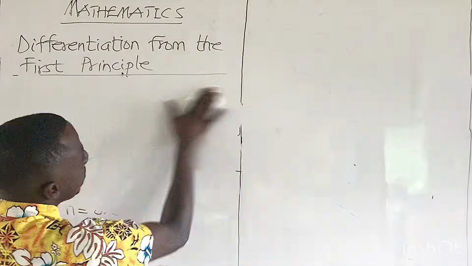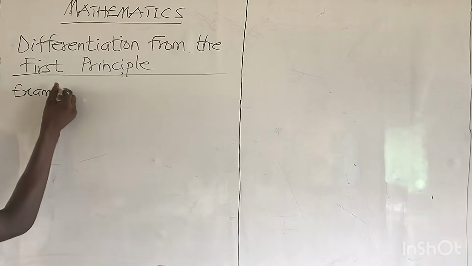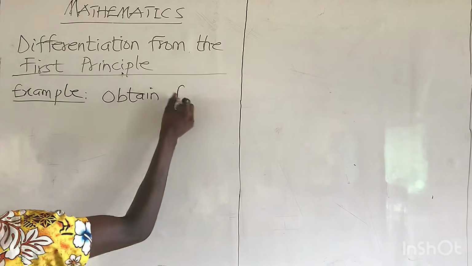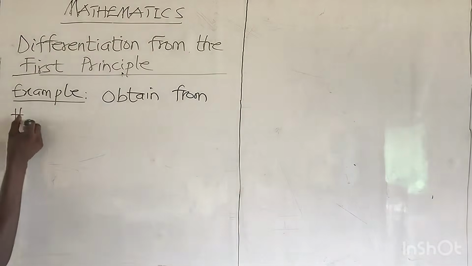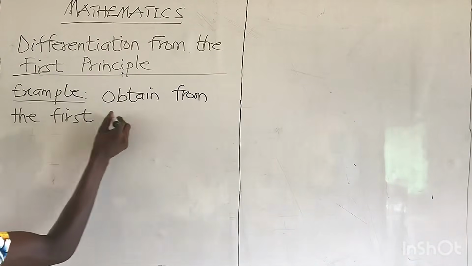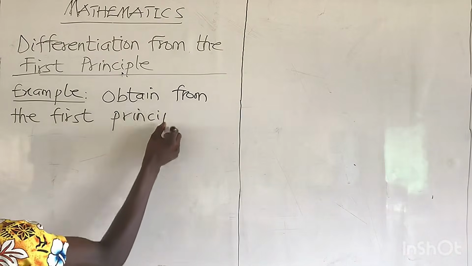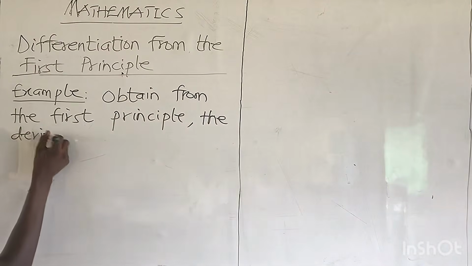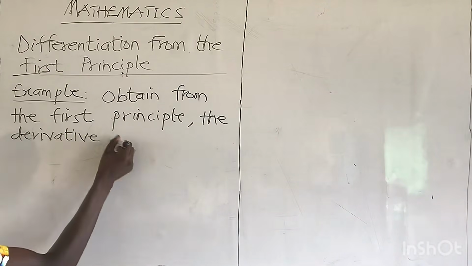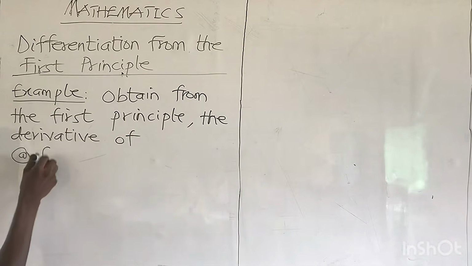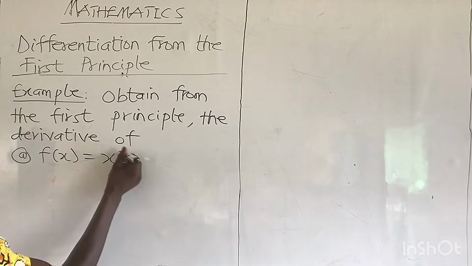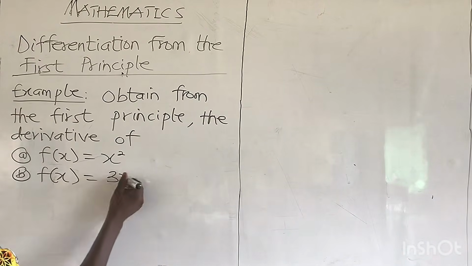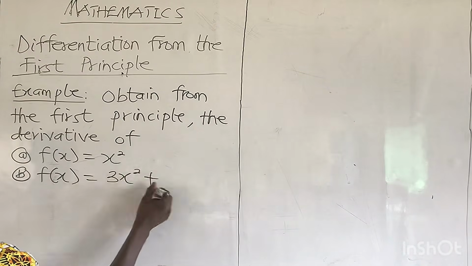Okay. Obtain from the first principle the derivative of A. f of x is equal to x squared. B. f of x is equal to 3x squared plus 3.